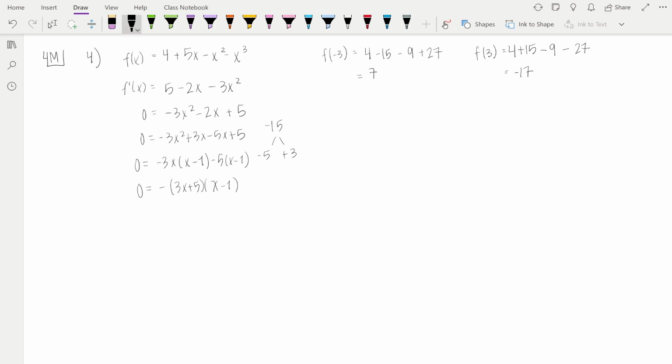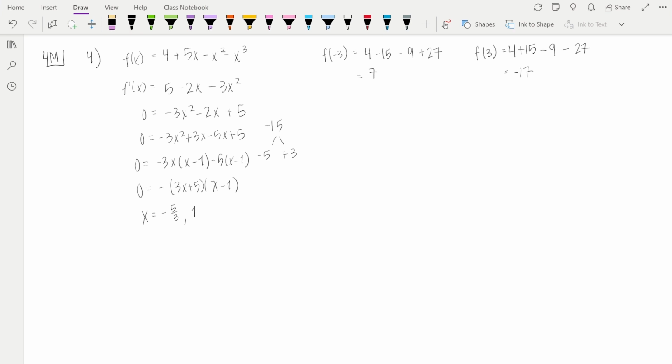So my critical points, my possible extrema, are at x equals -5/3 and 1. Because I know what the cubic function looks like, I know the one on the left will be the minimum, and the one on the right will be the maximum, because it looks like this.